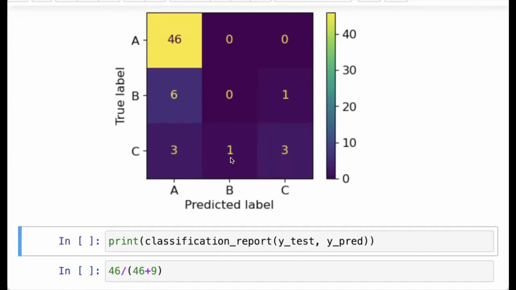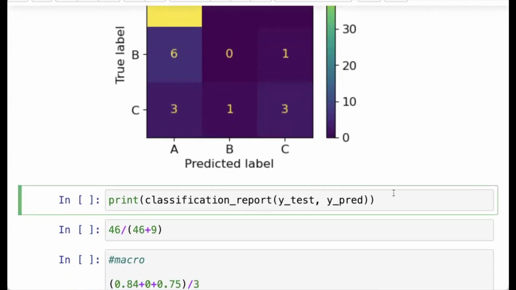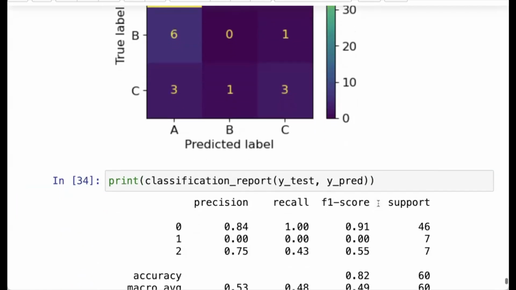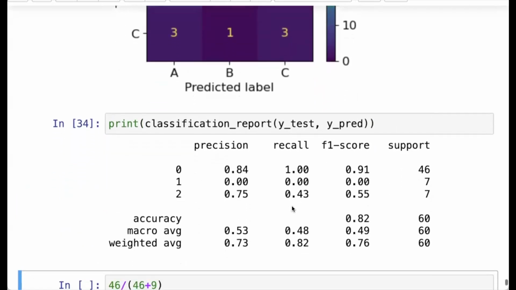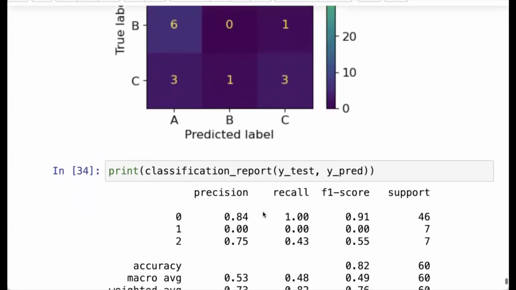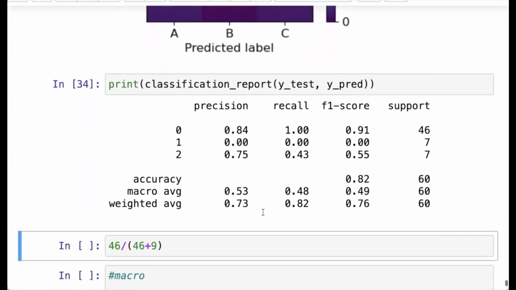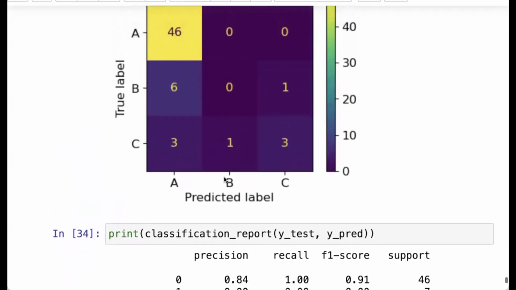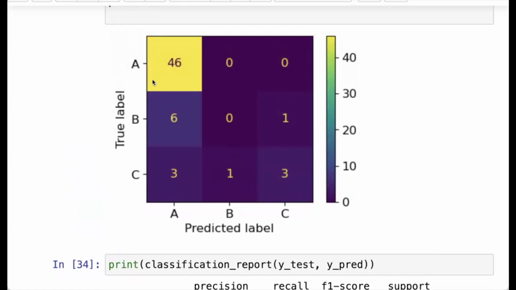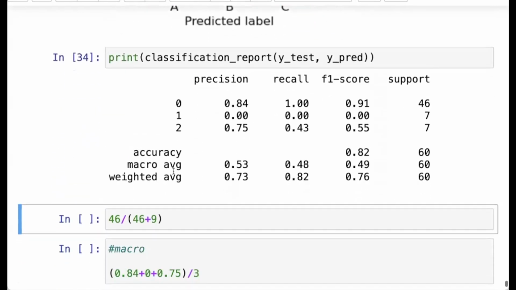Because of these issues. So obviously you can print this classification report to get these numbers. But let's look at some of these numbers, how we can find them, right? In the case of this first column, we have 46 as true positive, and for the false positives, we have 3 plus 6, which is 9, right?